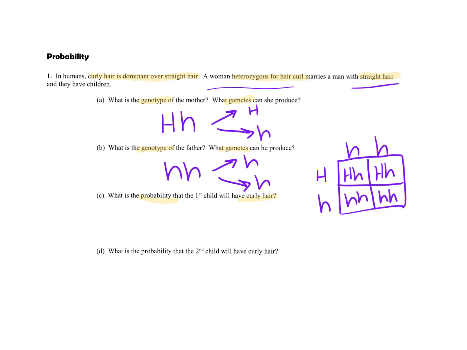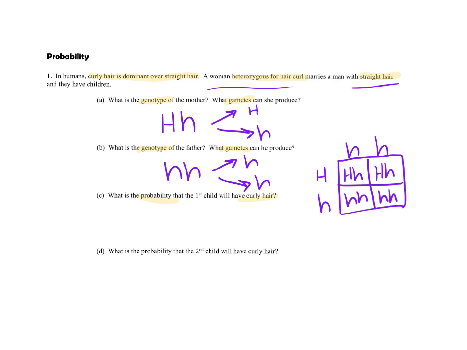So with that, I can answer part C. It says, what is the probability that the first child will have curly hair? Remember, curly is dominant. So what I'm seeing here is right here, this child's going to have curly hair. And right here, this child's going to have curly hair because they have a dominant big H. Down here, they're double recessive, so those are actually going to be straight hair.